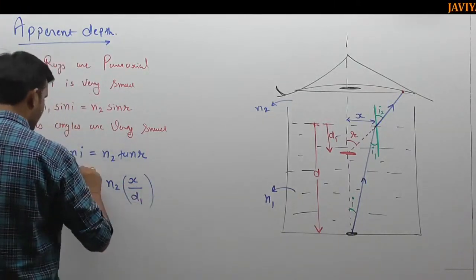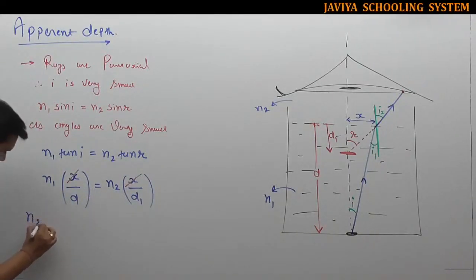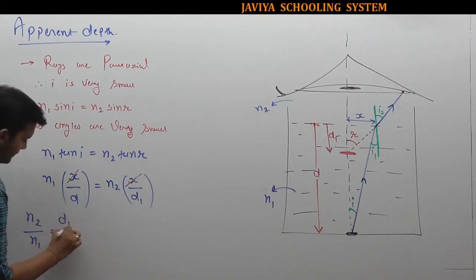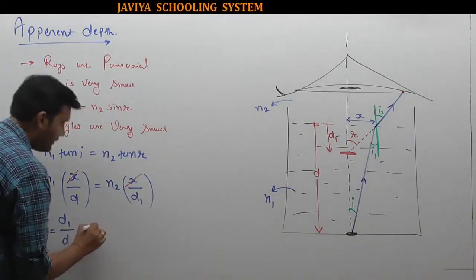So from here x and x are going to cancel out. So what we are left with is N2 by N1 is equal to d1 upon d. And what is d1? That is the apparent depth.